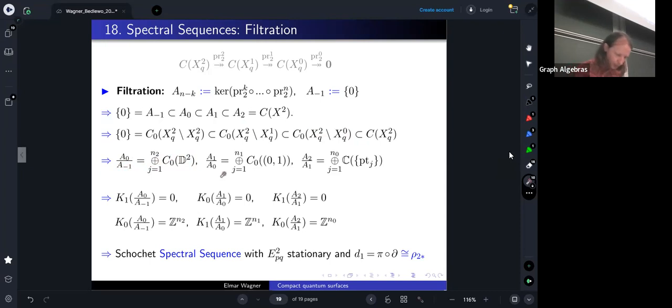Now, if you look at the quotient here, A0 is this one. So X1 is completely removed. And then from the part of X1, we remove X0, which is the boundary of X1.